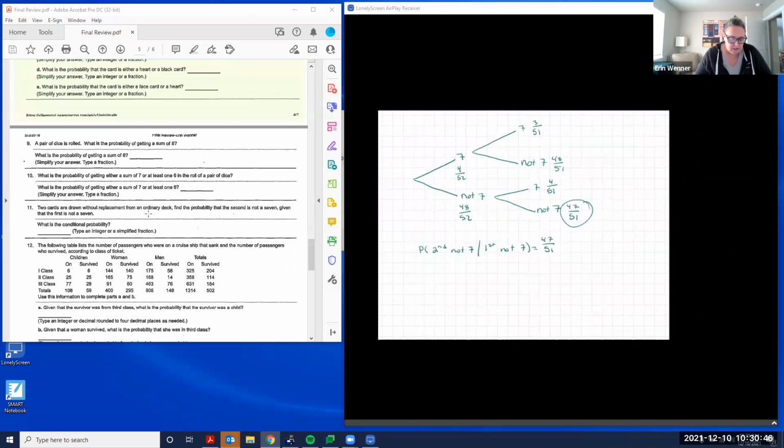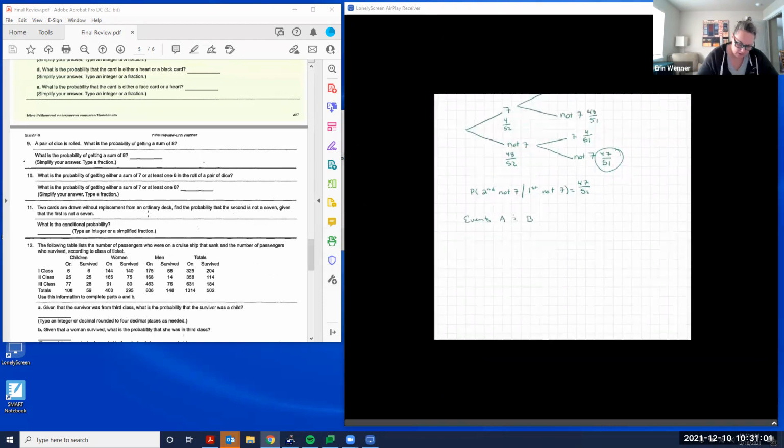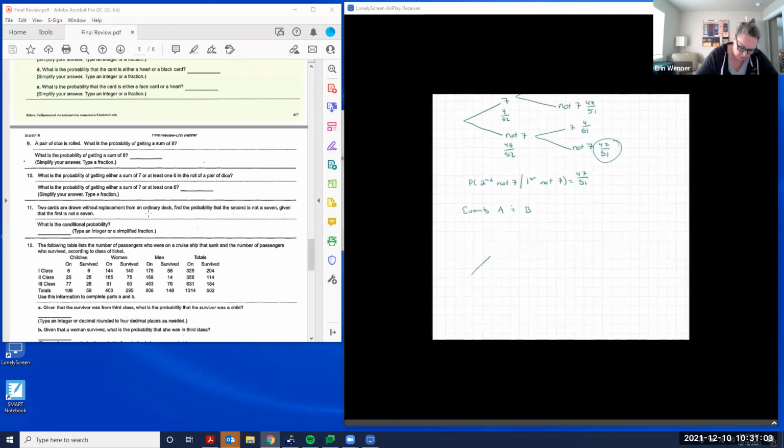So this kind of speaks back to when we were talking about these tree diagrams to begin with. This is conditional probability. So if I have events A and B, this is event A, and this is event not A, right? So we can actually think about this in terms of probability. This will make more sense.